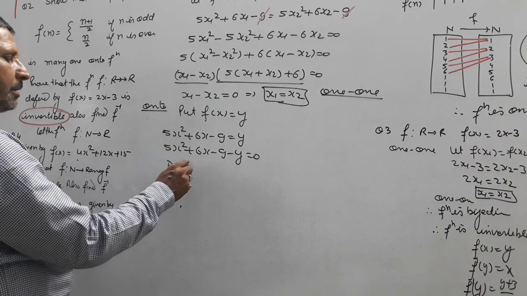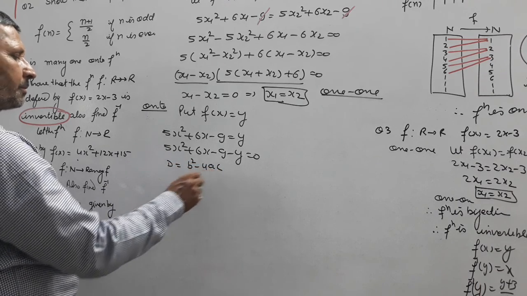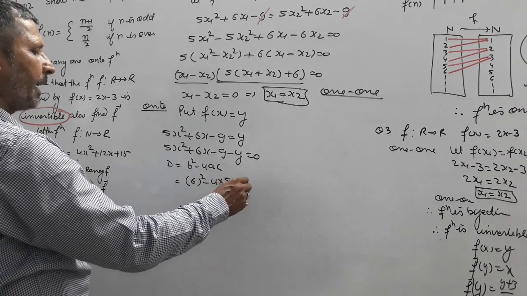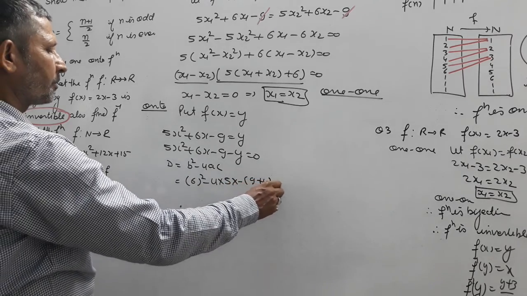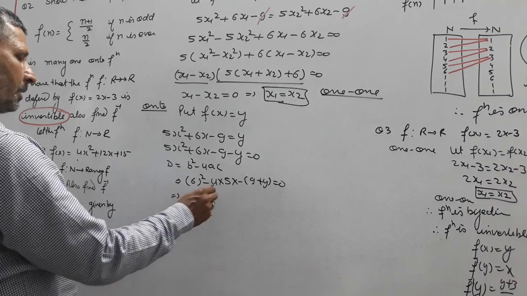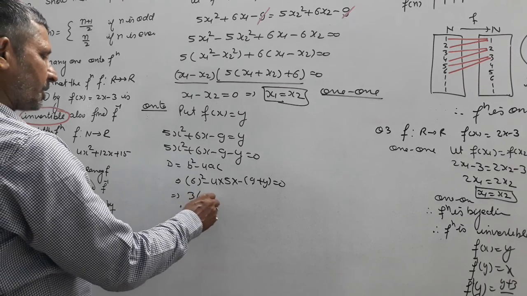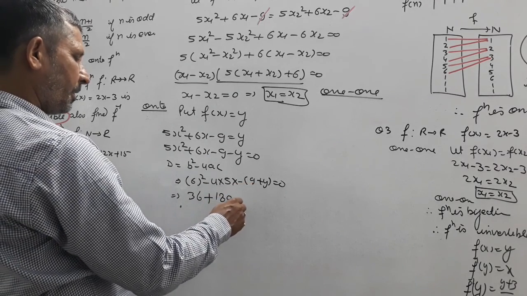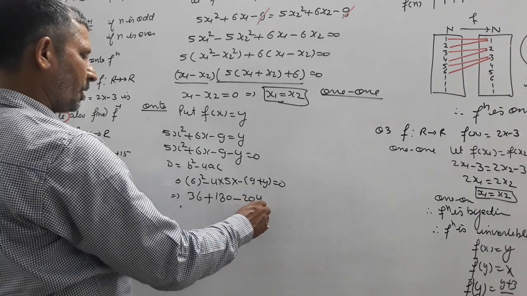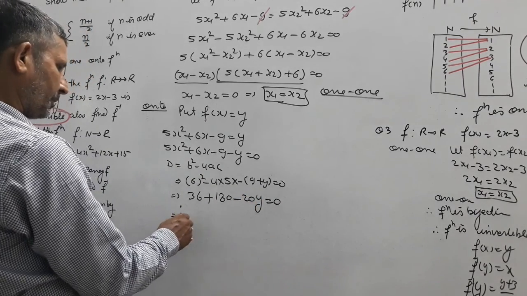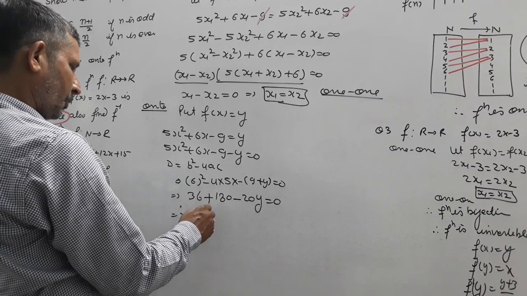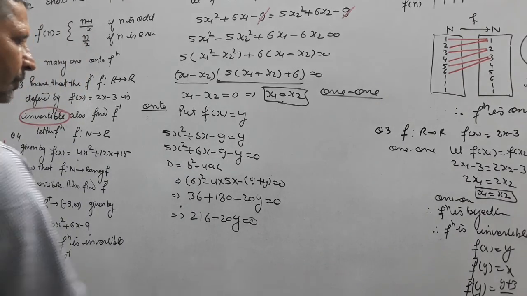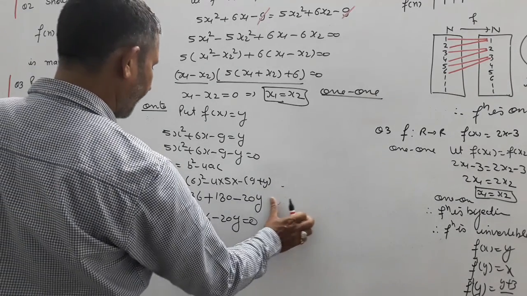First find the discriminant, that is b square minus 4ac: 6 square minus 4 into 5 into (minus 9 minus y), 36 plus 180 plus 20y, that is 216 plus 20y. This is the discriminant D.